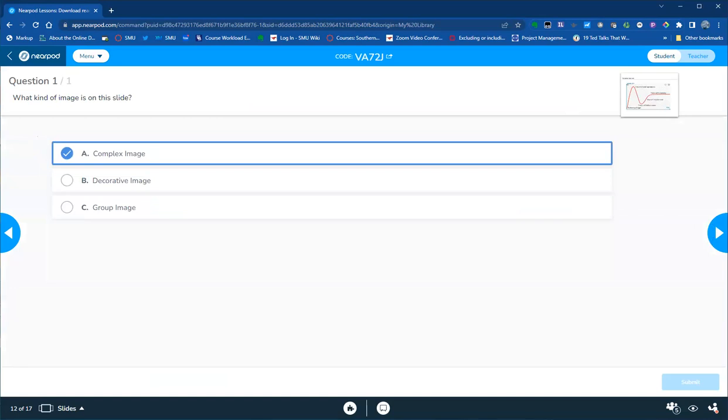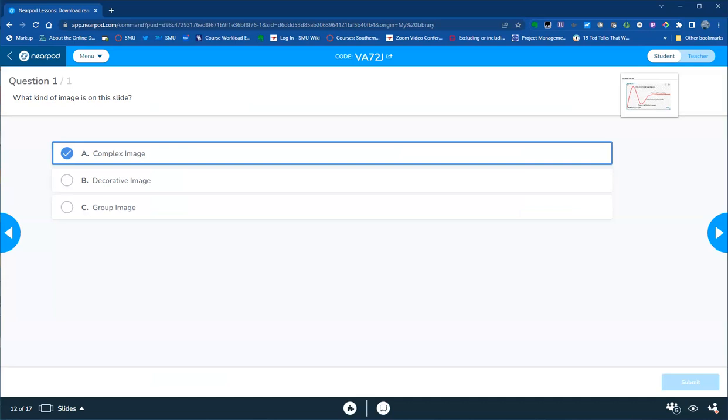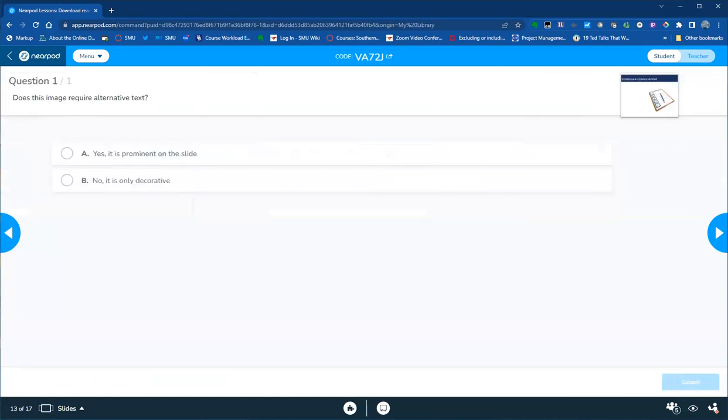It is an image that would need more explanation than something that is much simpler, because we would have to explain all of this. We would have to explain the axis. We would have to talk about what's happening there. So that would include, for example, even if something like that was on a test question, if that was something that students were answering multiple choice questions about, then everything on that needs to be conveyed accurately so that the students can answer those questions.